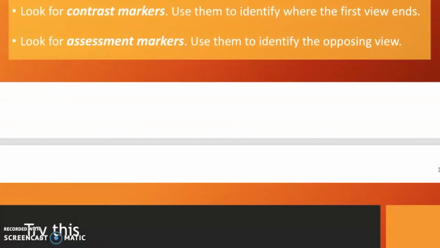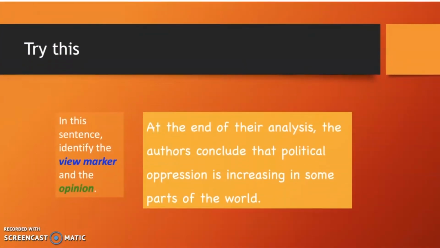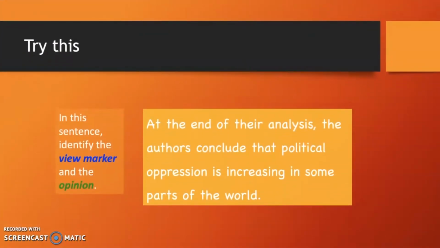And now we're going to look at an example. In this sentence, we're going to identify the view marker and the opinion. "At the end of their analysis, the authors conclude that political oppression is increasing in some parts of the world." So to start with, what is the view marker?